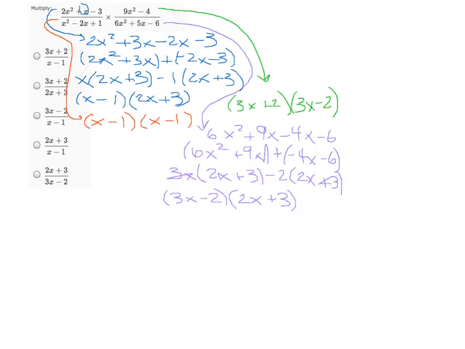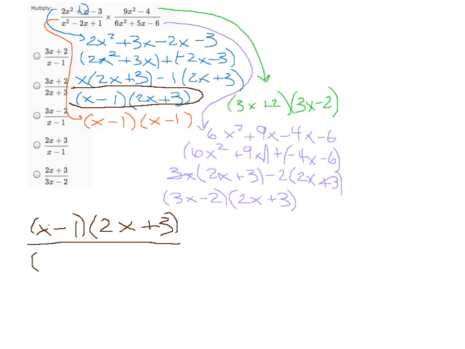Now let's set up our equation again with our new terms. So the numerator of the first fraction is here, so we have the quantity of x minus 1 times the quantity of 2x plus 3 divided by the quantity x minus 1 times the quantity of x minus 1.